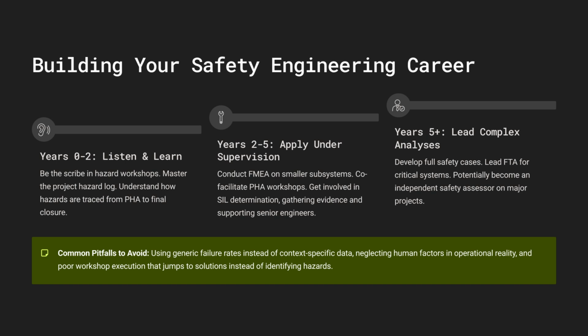You need to be comfortable with the concepts, the calculations, understanding failure rates, probability, how to use the tools. And underpinning all that, you need a deep functional understanding of the standards, especially the CENELEC trio, 50126, 50128, 50129. Knowing which standard applies when, what evidence it requires, that's fundamental. Reliability engineering principles, too.